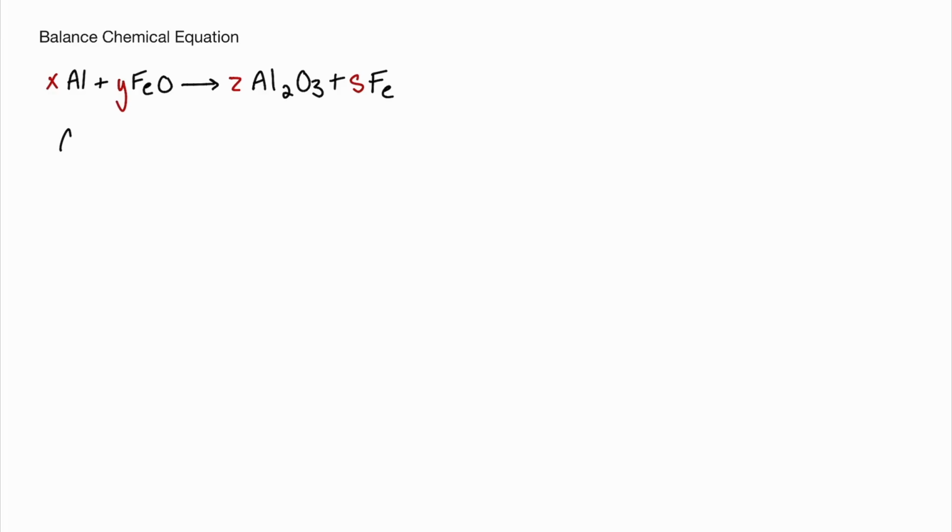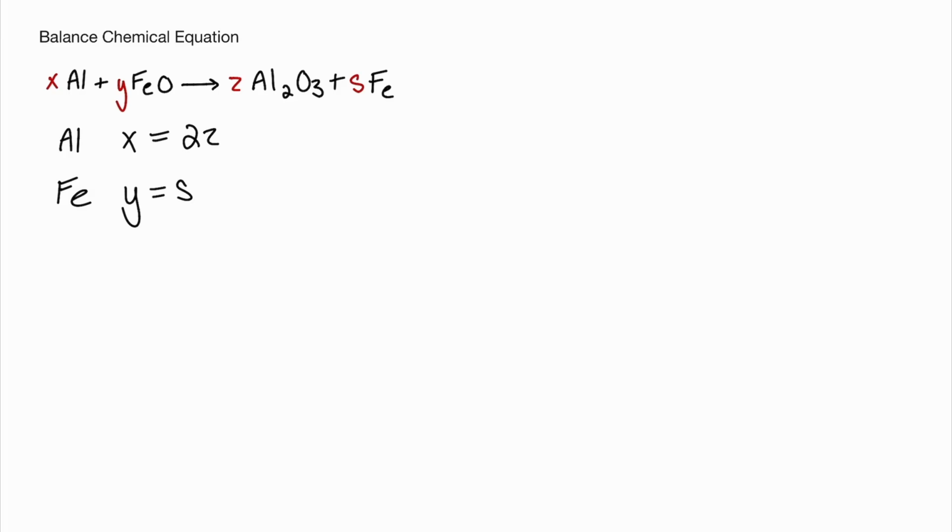So for example, for aluminum, we have x because there's only one aluminum over here. And then we have an equal sign. And over here, as we can see, we have 2 aluminum, so that'll be 2z. Then for iron, that'll be 1y equals 1s because they're already equal.